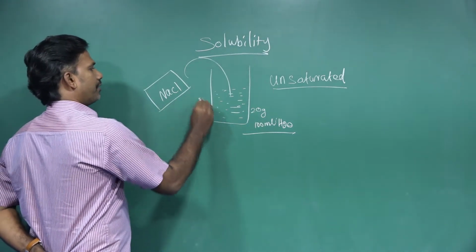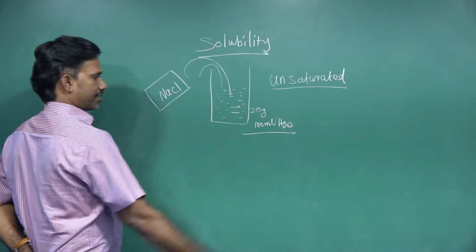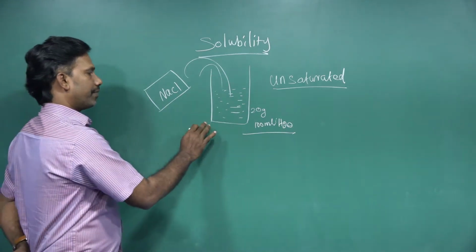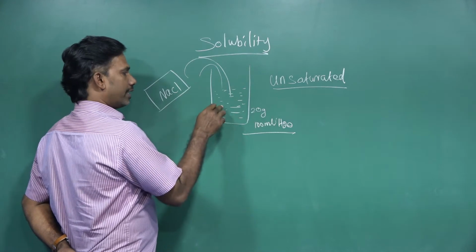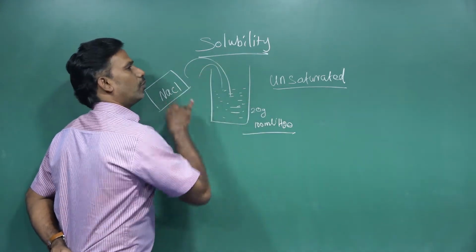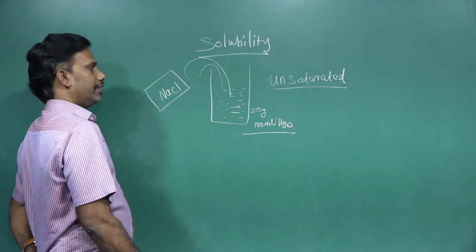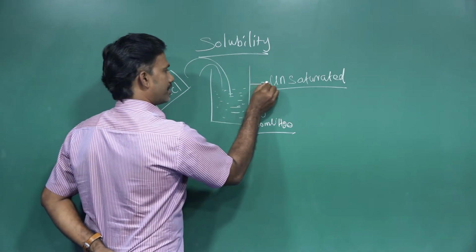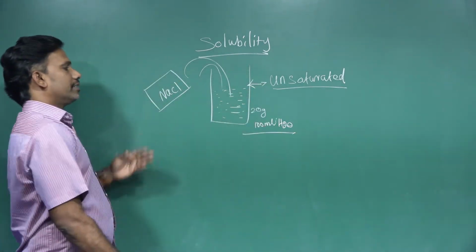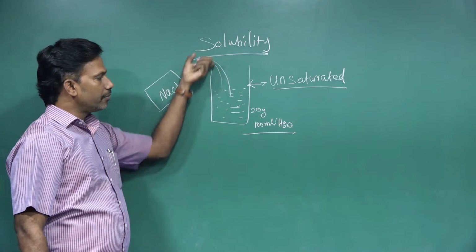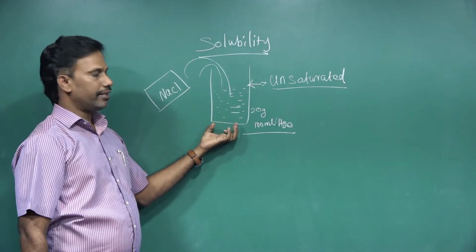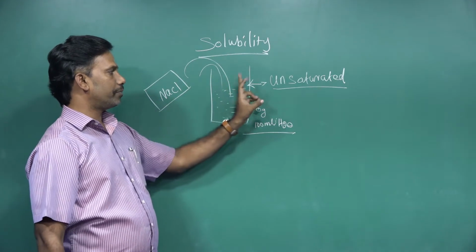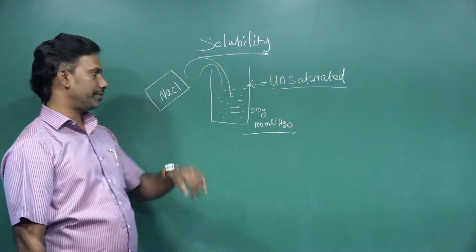That means if you add 1 gram of NaCl extra other than the 20 gram, that also will dissolve. That shows the solvent is capable of dissolving more solute. That type of solution is called an unsaturated solution.